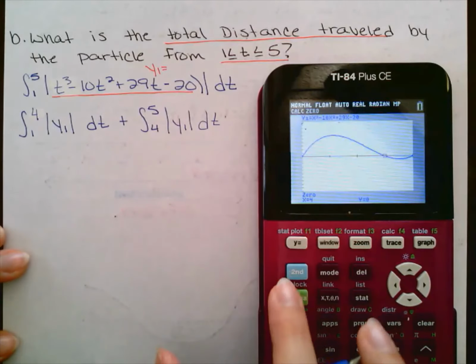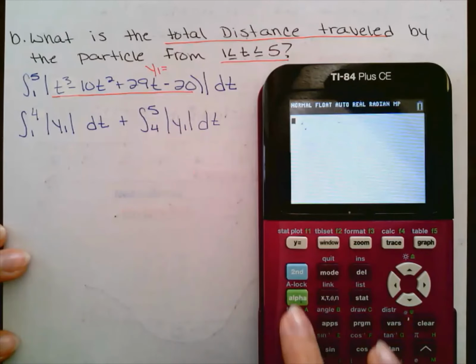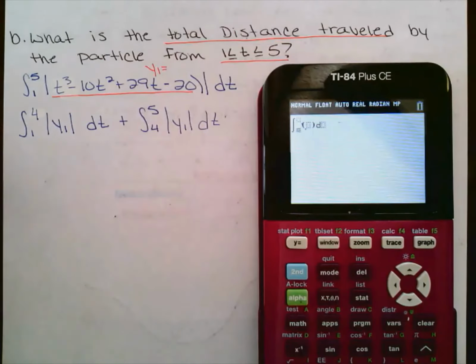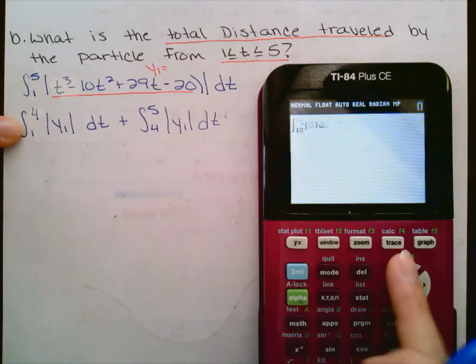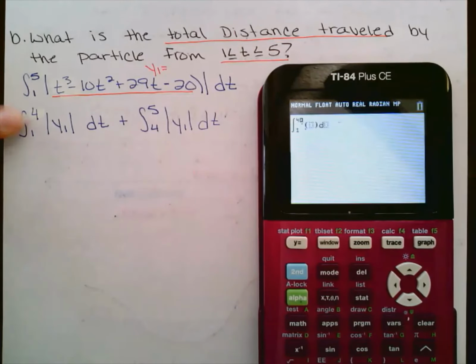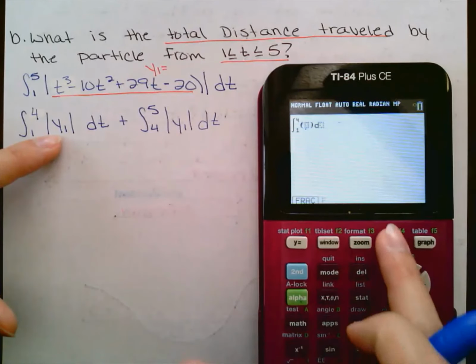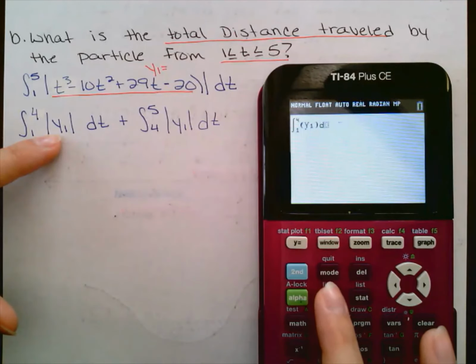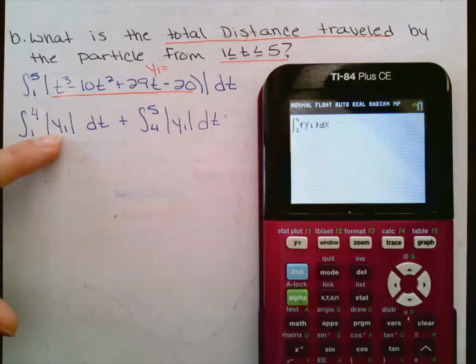So if I go to my home screen and I go to alpha window 4, I can go from 1 to 4. I'm not going to put the absolute value yet. I'm just going to put y1 by saying alpha trace. And I'm going to put dx, because again, y1 is in terms of x.